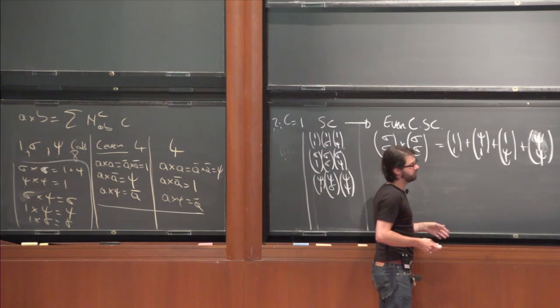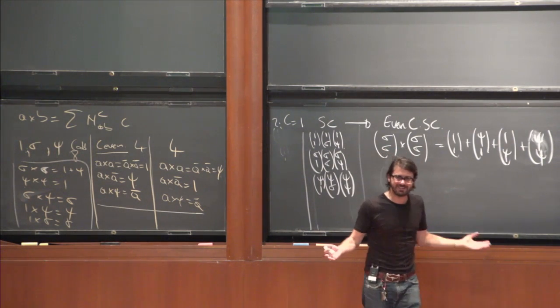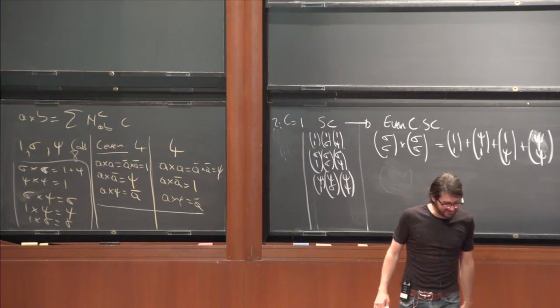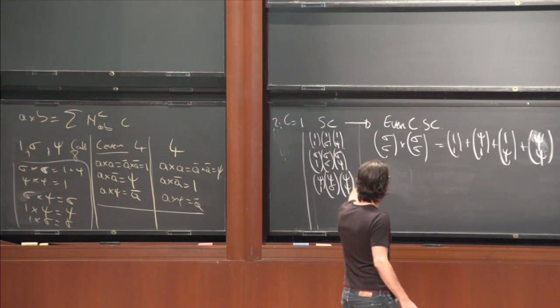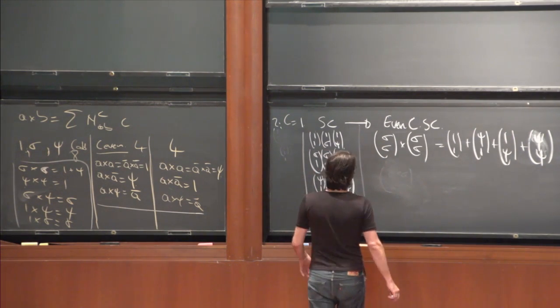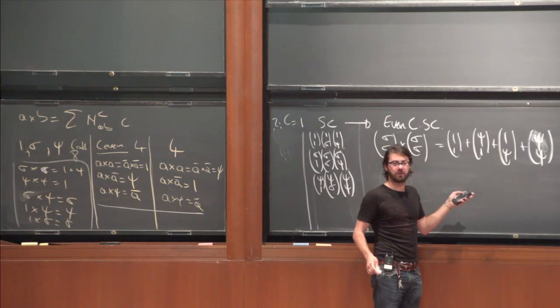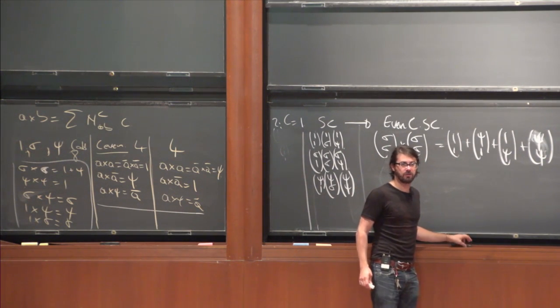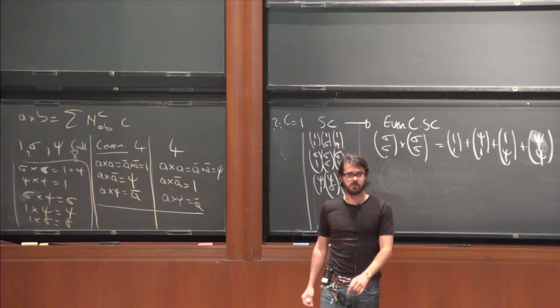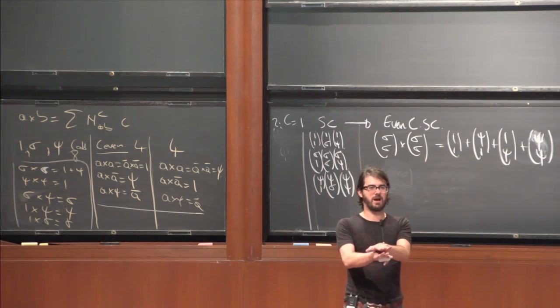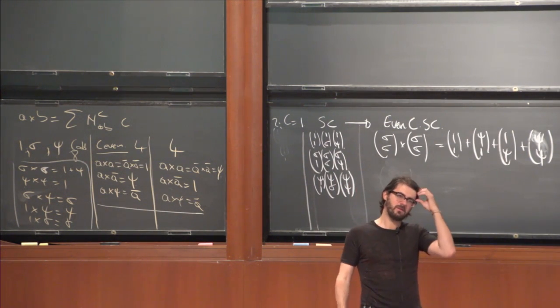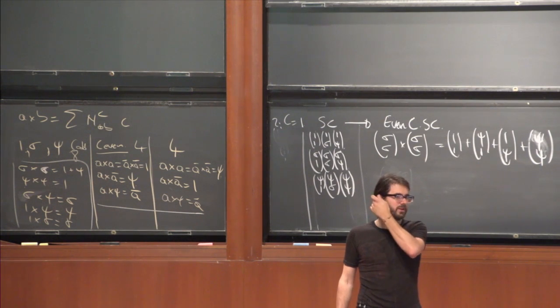So at the first step, you can say that there's nothing similar between two C equals 1 superconductors and a C equals 2 superconductor. Uncoupled, right.